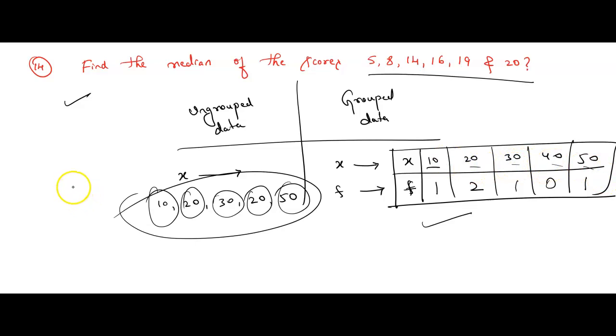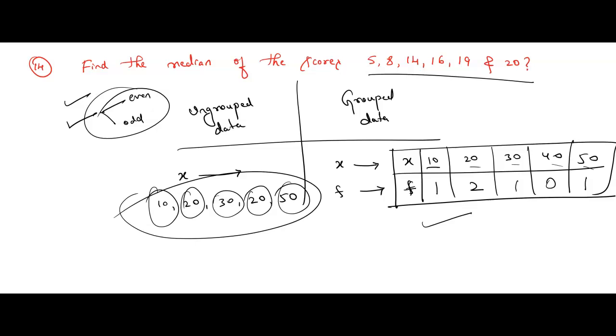Here we have 2 things: if n value is even, or if n value is odd. We have 2 conditions. Inshallah, if I get time, I will teach you. If not, it is there in your textbook, worked examples and exercise problems. If you do it, you will get problems related to this method.